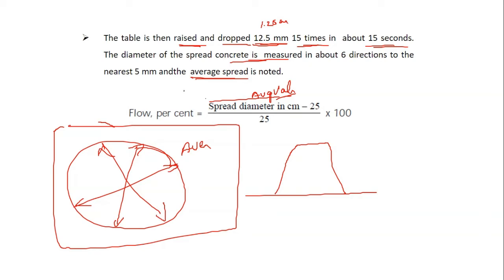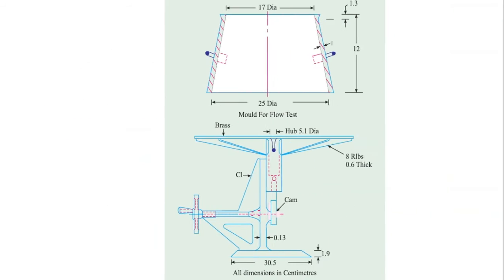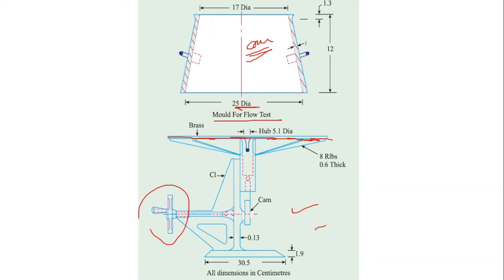So you take the average spread minus 25, divided by the initial diameter of 25, and express it as a percentage, right? That gives you the flow percentage. This flow percentage will help you decide whether a concrete is low, medium or high workable concrete. So this is the equipment.